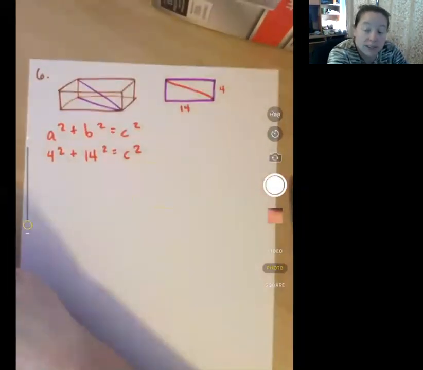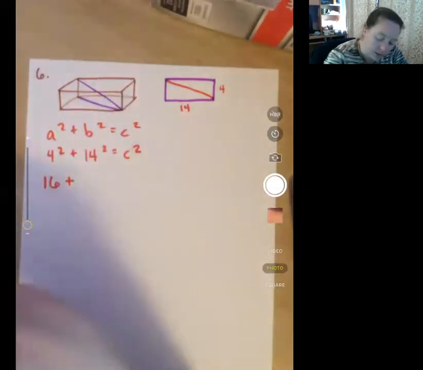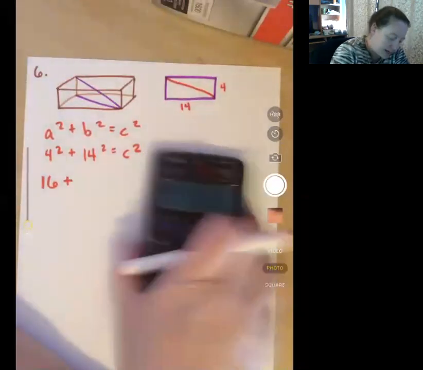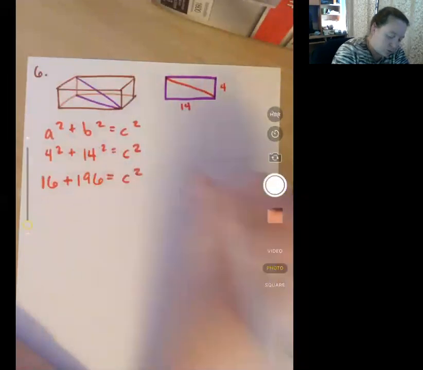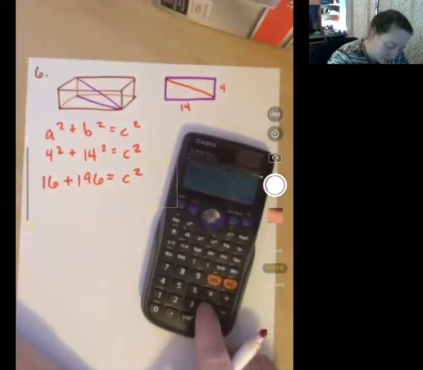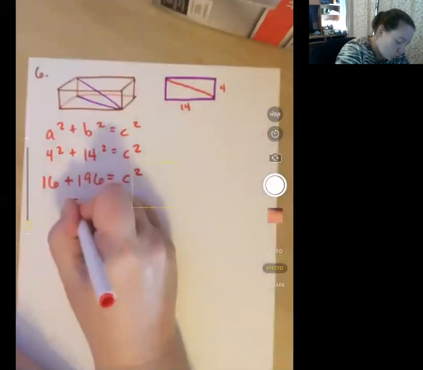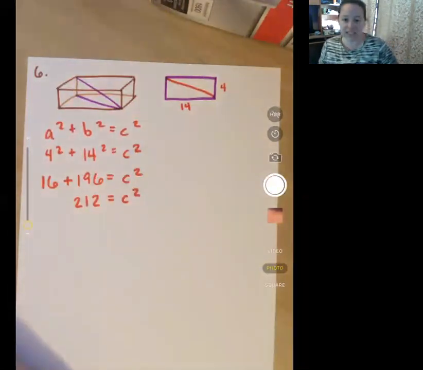4 times 4 is 16 plus 14 squared, getting out my calculator, 196 is equal to c squared. 196 plus the 16 gives us 212 is equal to c squared.